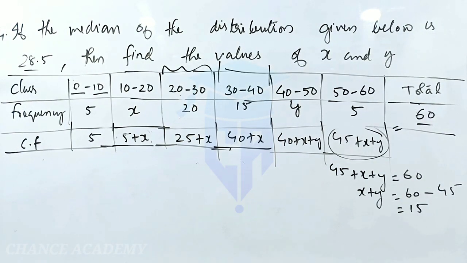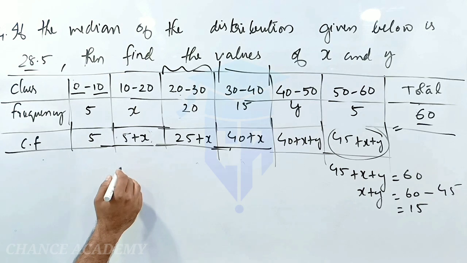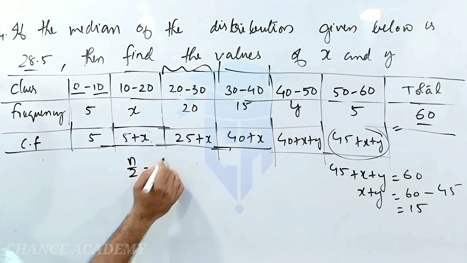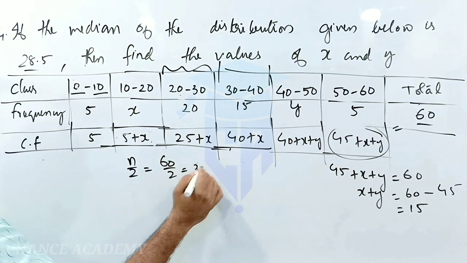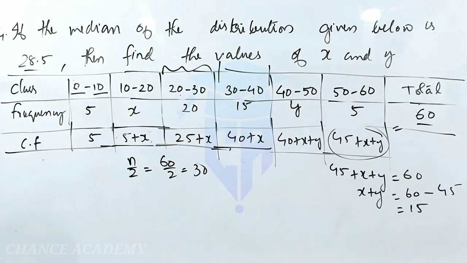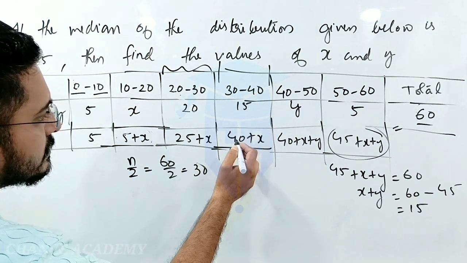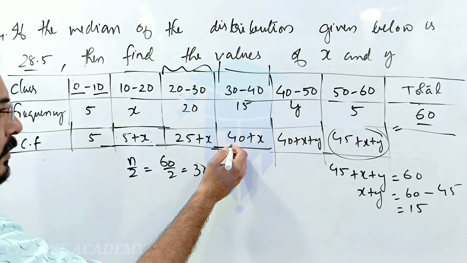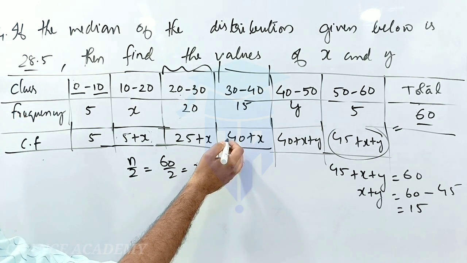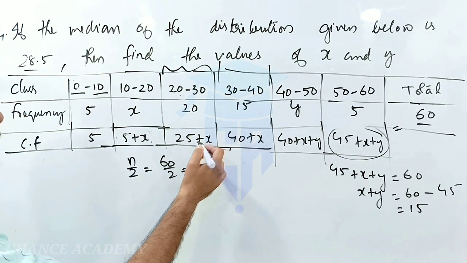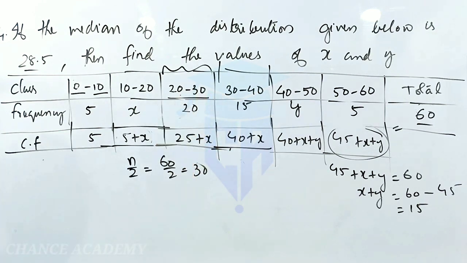Now we need to fix the median class, and median class we obtain by finding first n by 2. N by 2 is 60 by 2, we'll be getting the value as 30. So we need to look for a class where the cumulative frequency is more than or equal to 30. So here in 30 to 40 class, the cumulative frequency will start from 40. So all the classes having cumulative frequency less than 40 will be this class, 20 to 30.